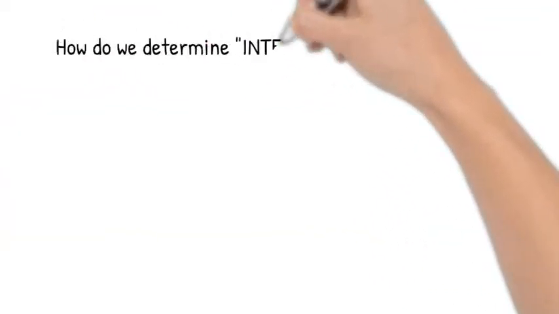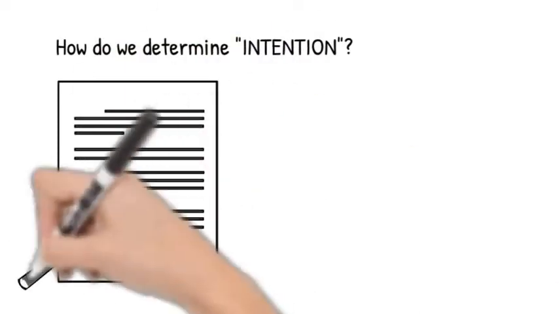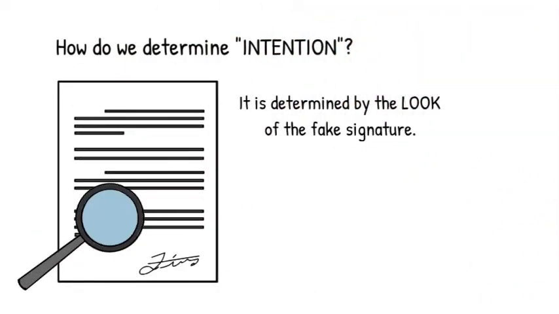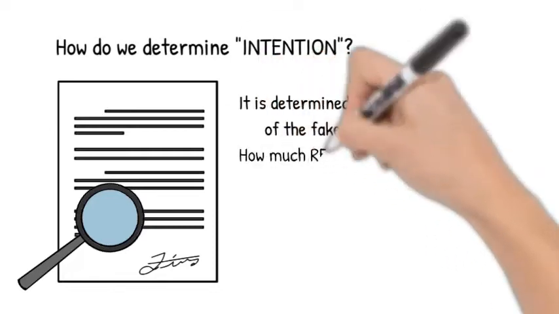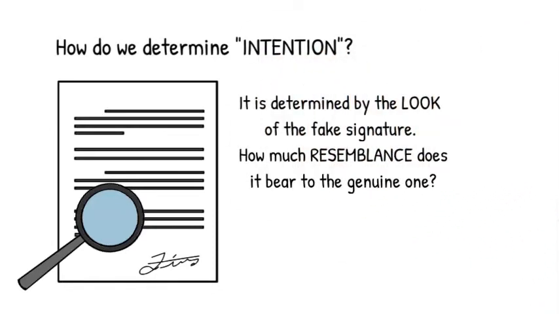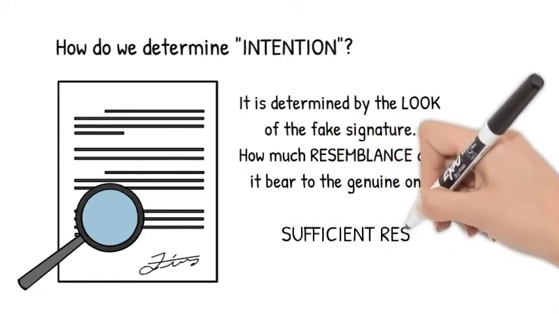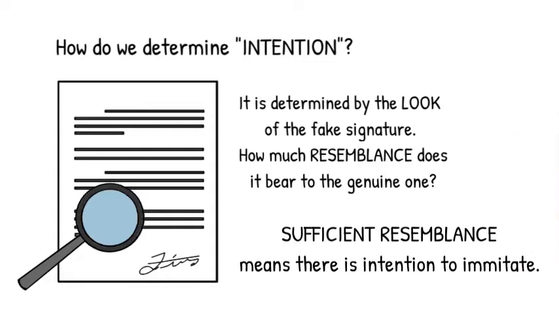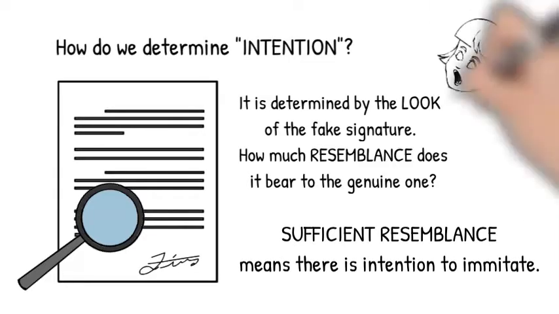How do we determine that intention? The intention to imitate a signature is determined by the look of the fake signature. How much does the fake signature look like the genuine one? How much resemblance does it bear to the genuine signature? If there is sufficient resemblance between the two, then it can be assumed that the forger intended to imitate the genuine signature.